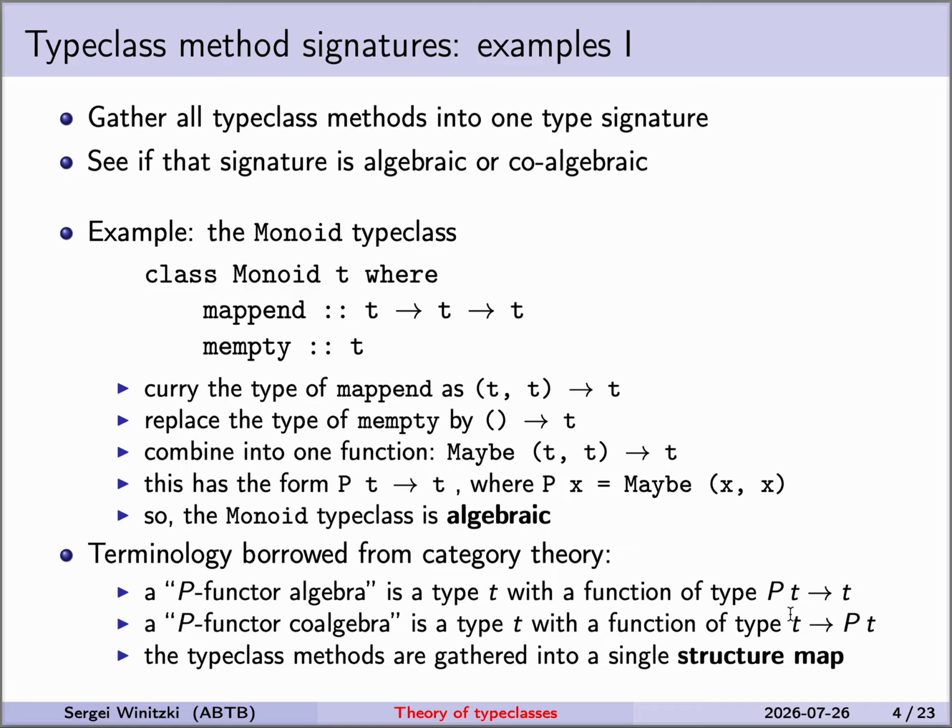We're going to say that this is just a function of a certain type, and we have transformed equivalently the type signature of a type class into a single type signature of a structure map. So we say this is the structure map of this type class.